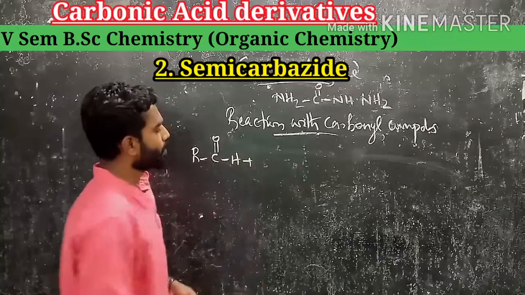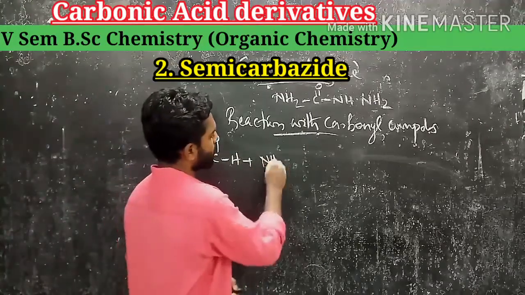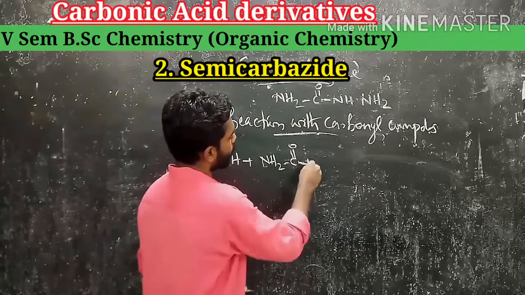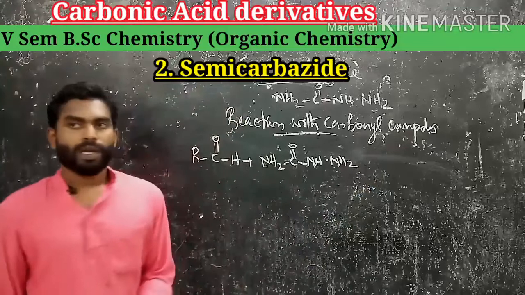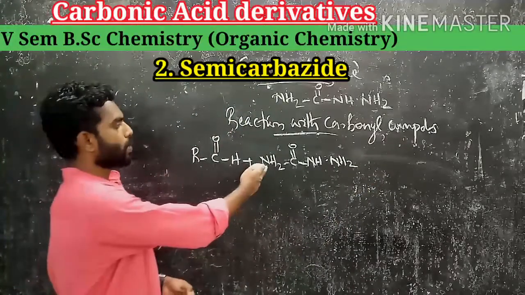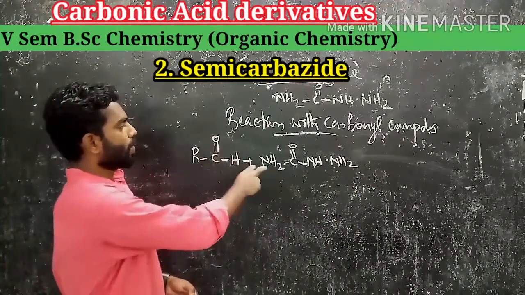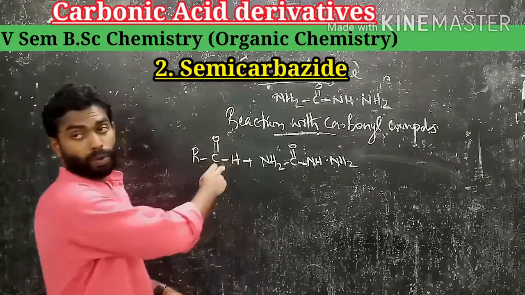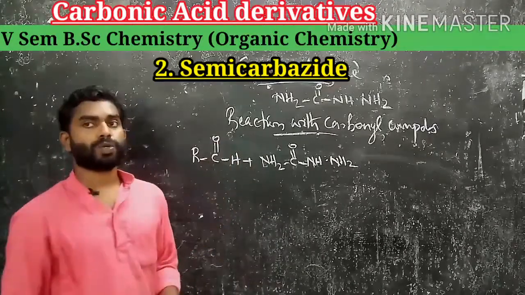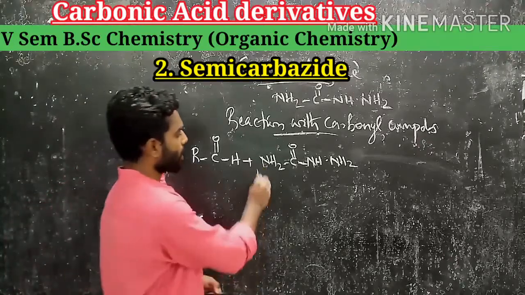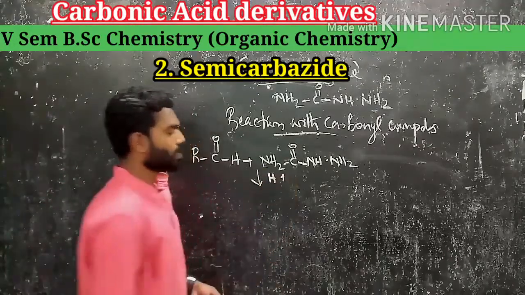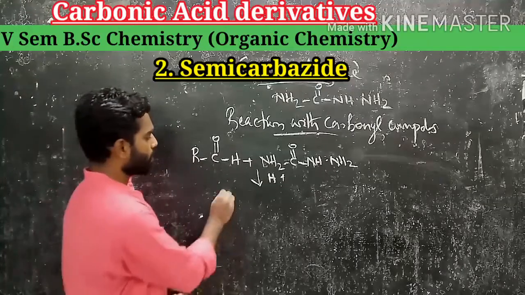RCHO, an aldehyde, reacts with semicarbazide NH2 CO NH NH2. Here condensation takes place. H and O combine to form a water molecule in the presence of a trace quantity of acid, and the water molecule is eliminated.